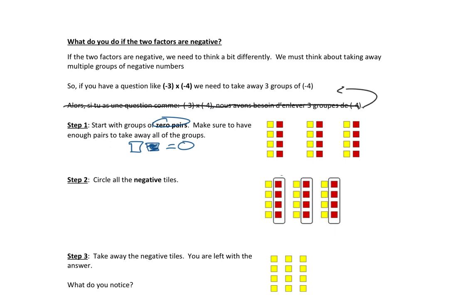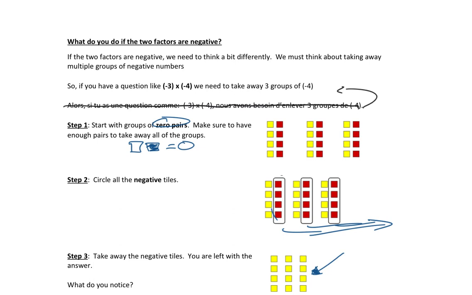So if I were to take away all the negative tiles, so I've circled all the negative tiles in step 2, and I take them all away, what I am left with is my answer, which is here, okay? And in this example, we're using yellow tiles to represent positive and red tiles to represent negative. So I've taken all of these groups away, and all I'm left with is these 12 positive tiles.